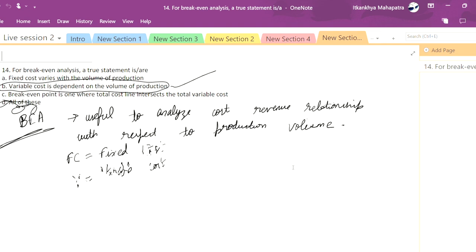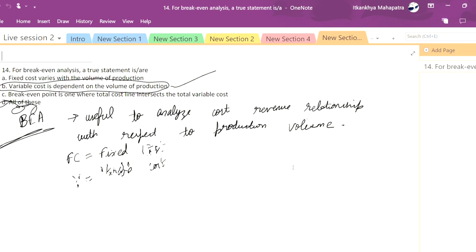Break-even analysis is an analysis used to analyze the cost-revenue relationship with respect to production volume. Total cost is equal to fixed cost plus variable cost times the number of items.